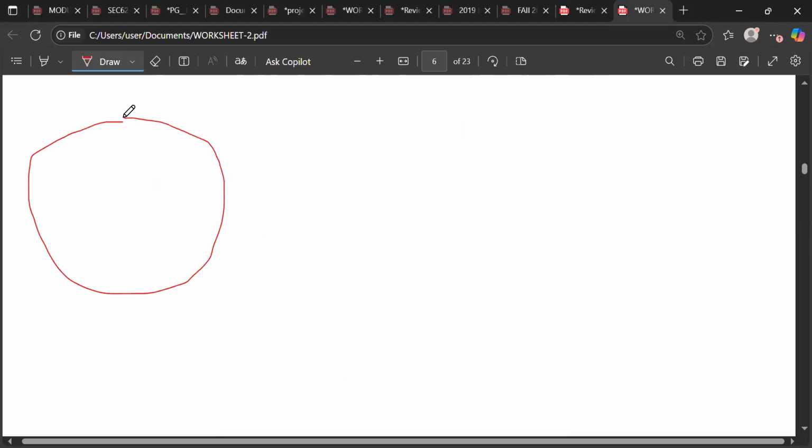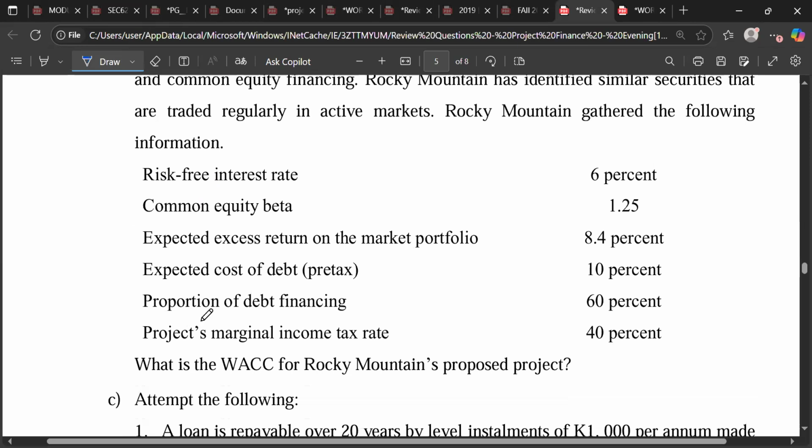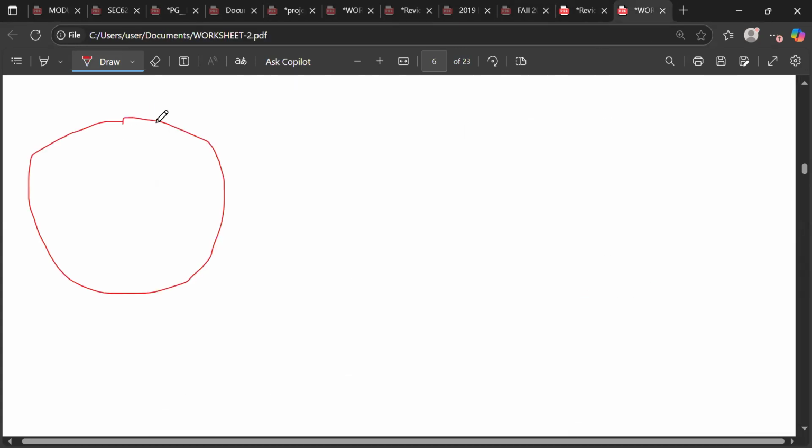According to the question, we're told the proportion of debt financing is what? 60%. So they'll focus on debt financing, 60%. So I'll say this is the pie, right? It won't go halfway, no. It will go like this.